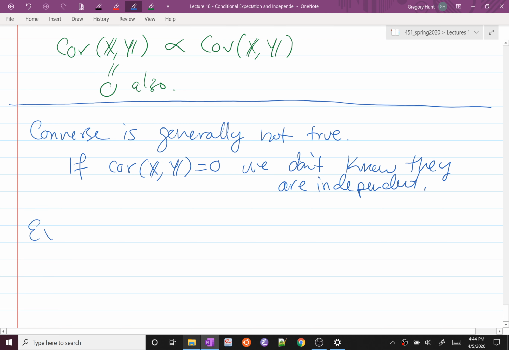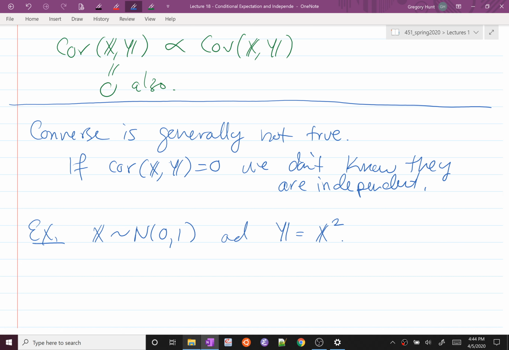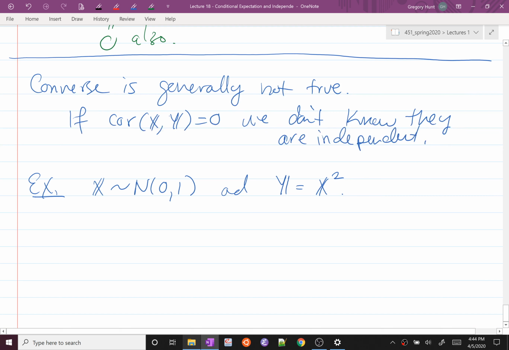The simplest example is if x is normal(0, 1) and y is x squared. These things are definitely dependent. Y is just the square of x. If I know x, I know exactly what y is. However, they're not linearly dependent. They're dependent through a squared relationship. So the correlation is going to be 0.